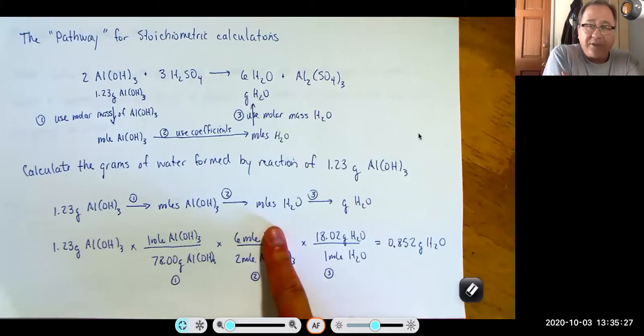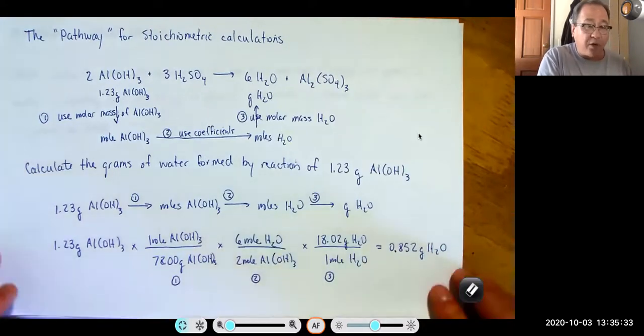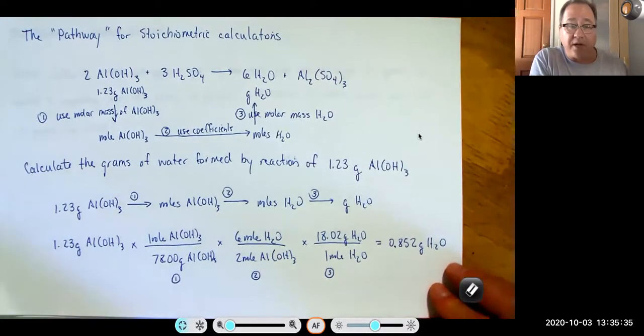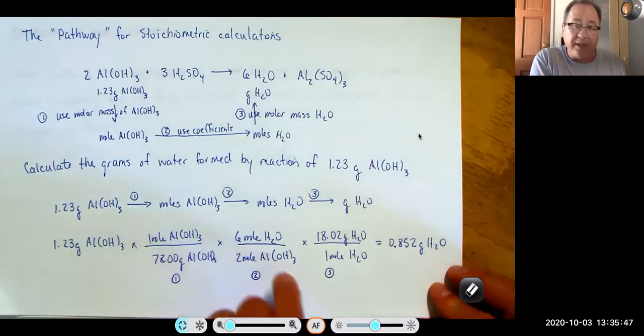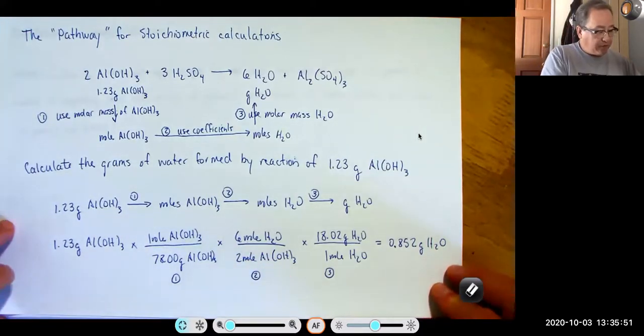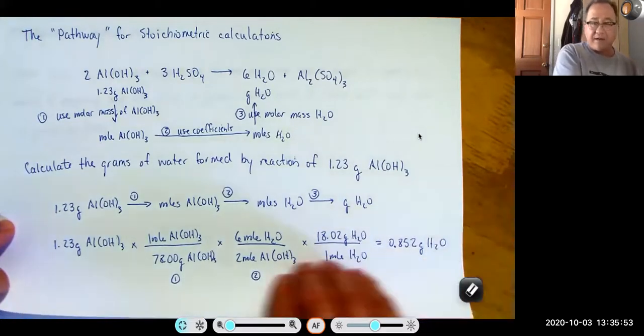Who would think 6 mole is equal to 2 mole? No one. It doesn't make sense. But 6 mole of H2O equal to 2 mole of aluminum hydroxide in a reaction. Can reactants and products have different coefficients? Absolutely. So the units are nice, but you also need the labels. Not only the units, but the labels. So this is how you do a stoichiometric calculation.